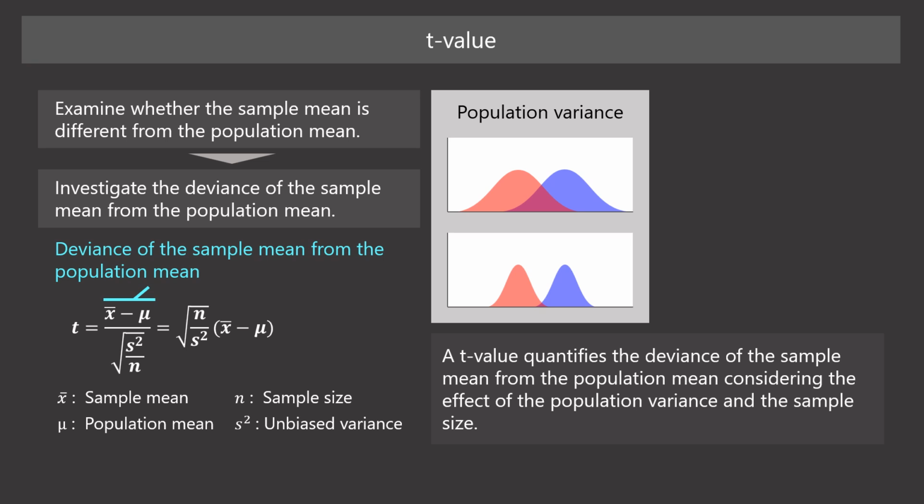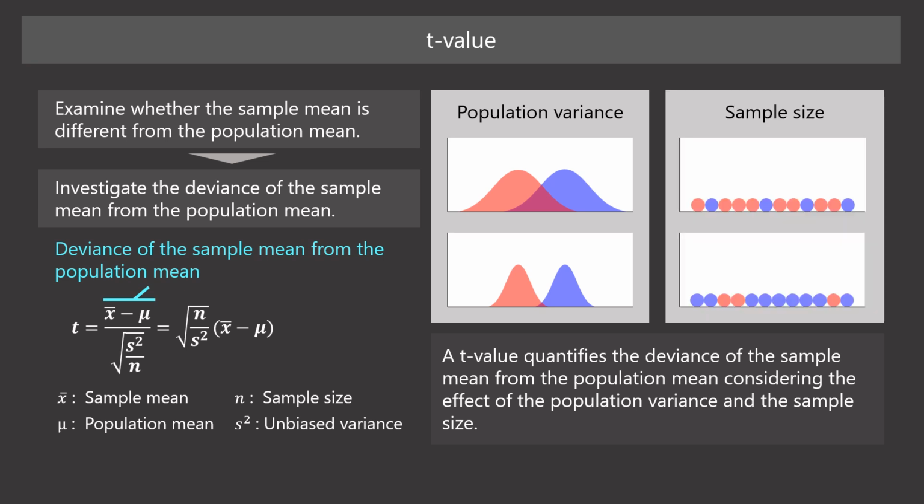The transformed formula also suggests that as the sample size gets larger, the t-value gets larger. Let's see these figures. The sample size is larger in the lower figure.